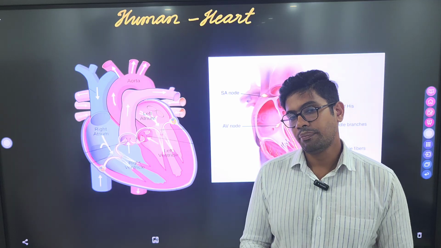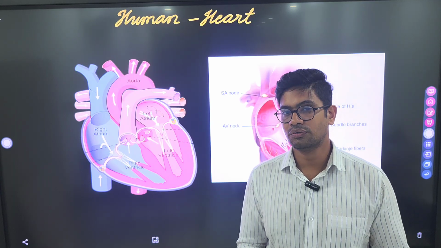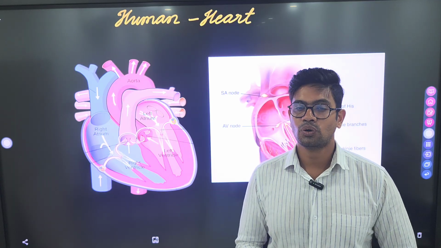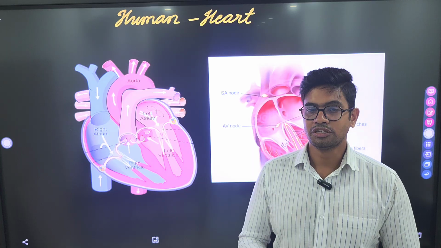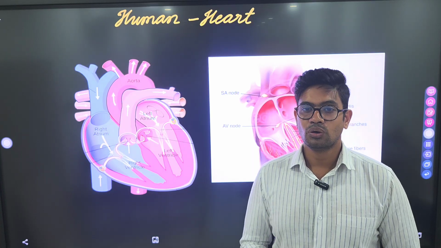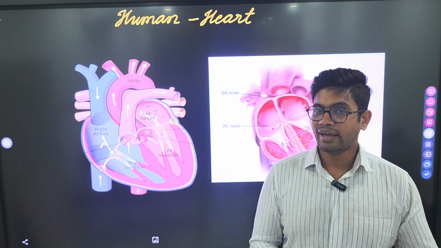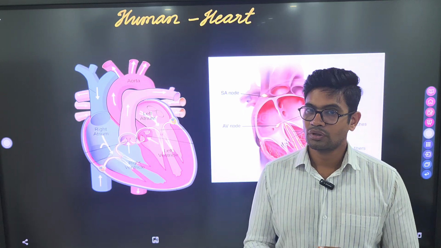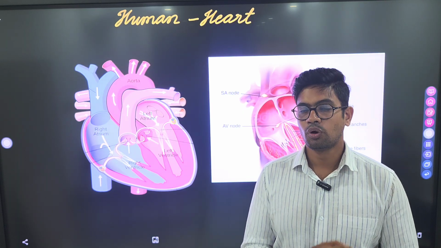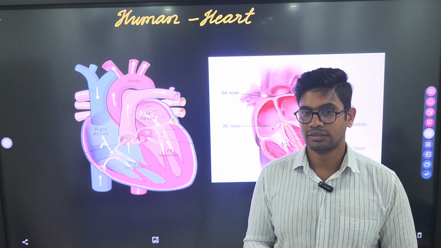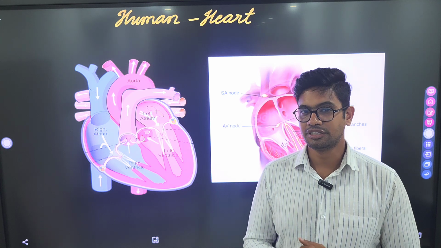And apart from that, there are other ways. One way is called coronary angioplasty. What is coronary angioplasty? A catheter is inserted through the body, and it is conveyed to the heart. It is balloon tipped and it has a stent.